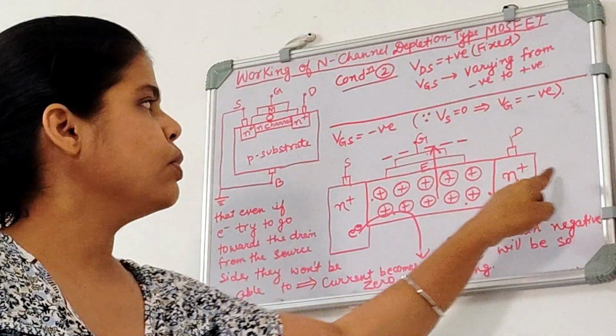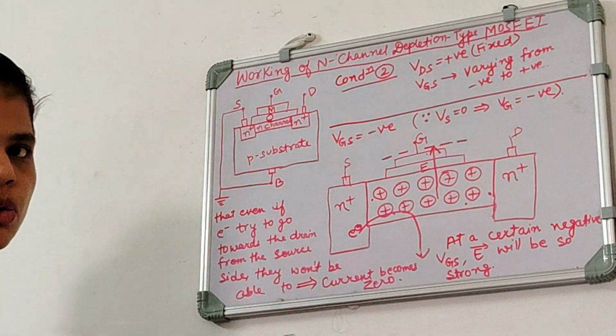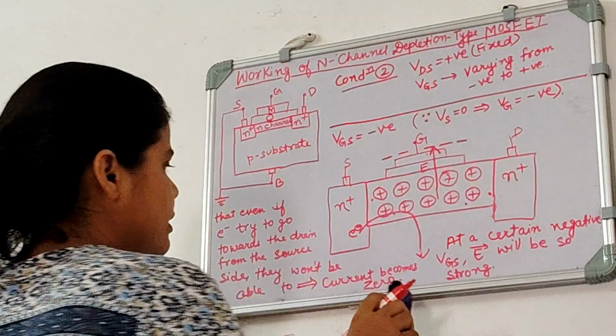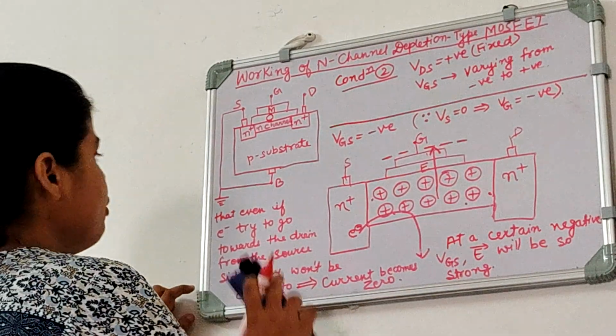They won't be able to go from here to here. So current becomes zero. And this certain negative VGS is called the pinch-off voltage.